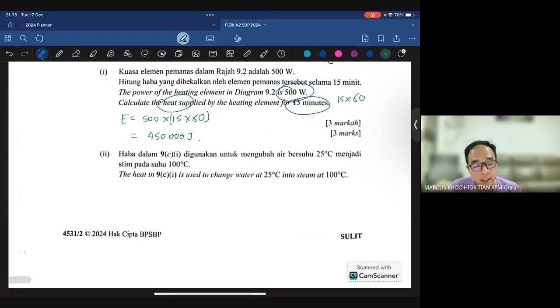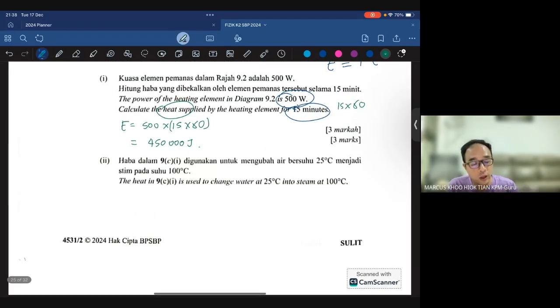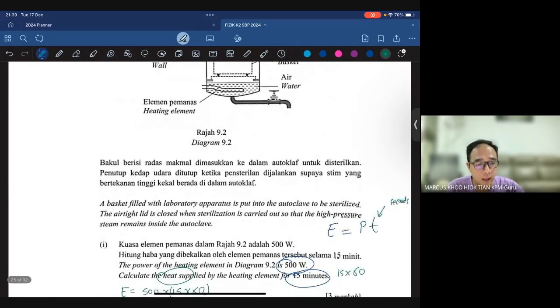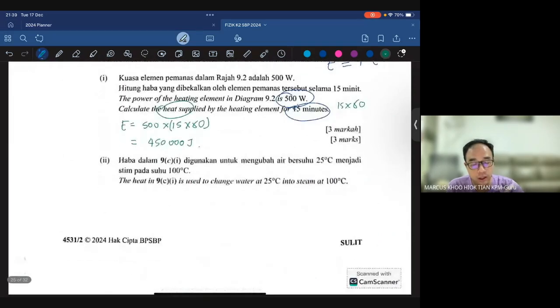The heat in 9C1 is used to change water. So calculate this one. Wait, there's no question over here. Oh, calculate the mass of the water. I'm going to use E for energy. Energy equals MC delta theta. Oh, wait, hold on.